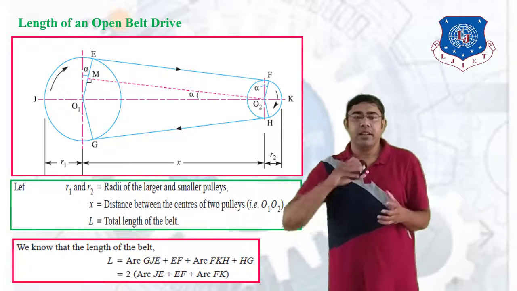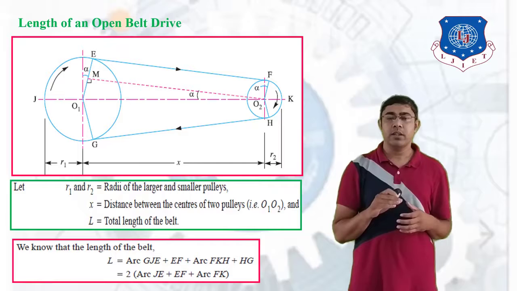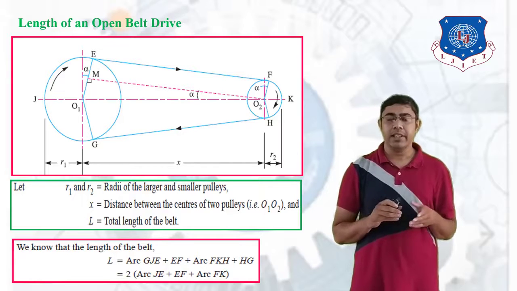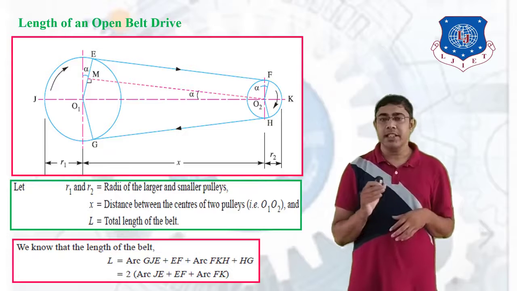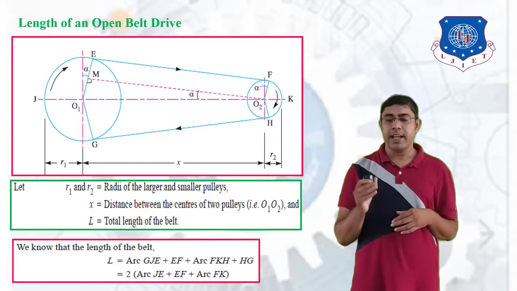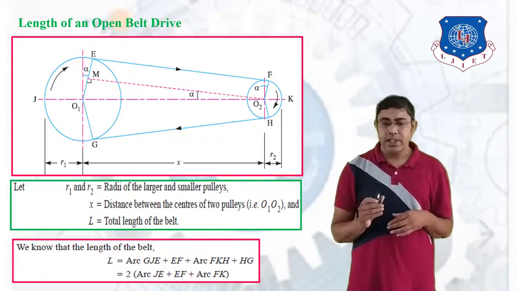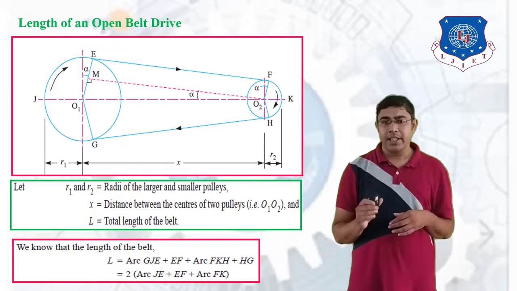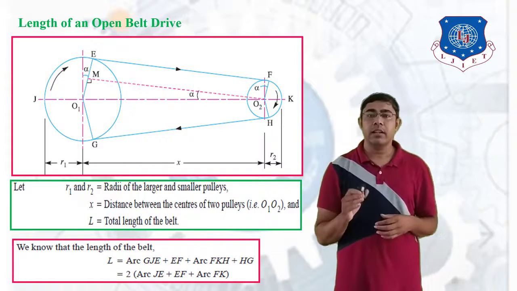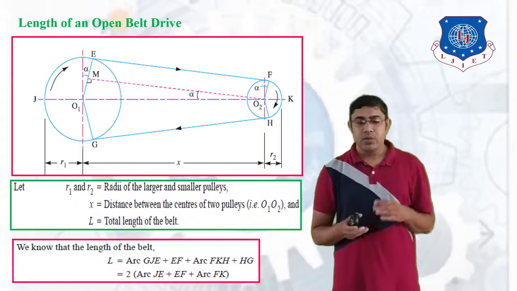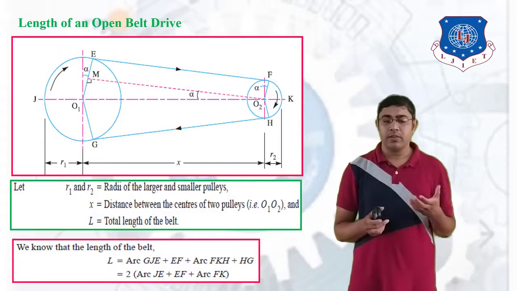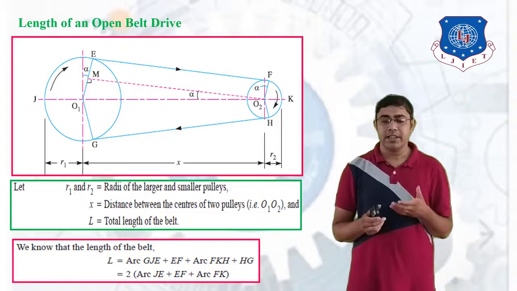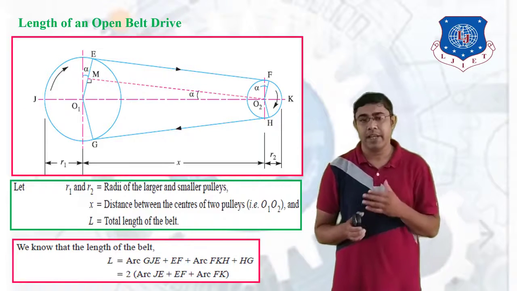So if we go around the belt, the length of the belt is equal to arc GJE plus EF plus arc FKH plus distance HG.